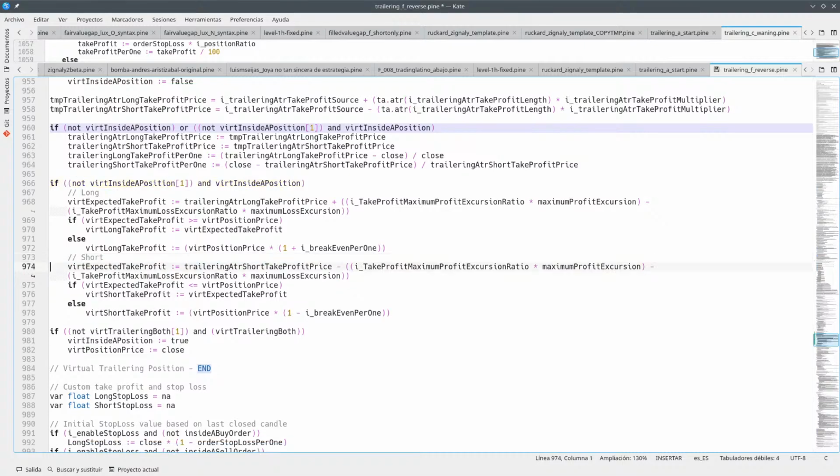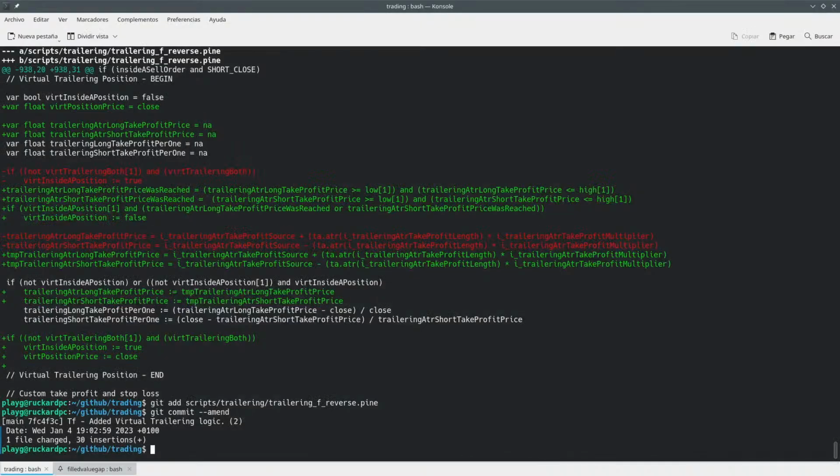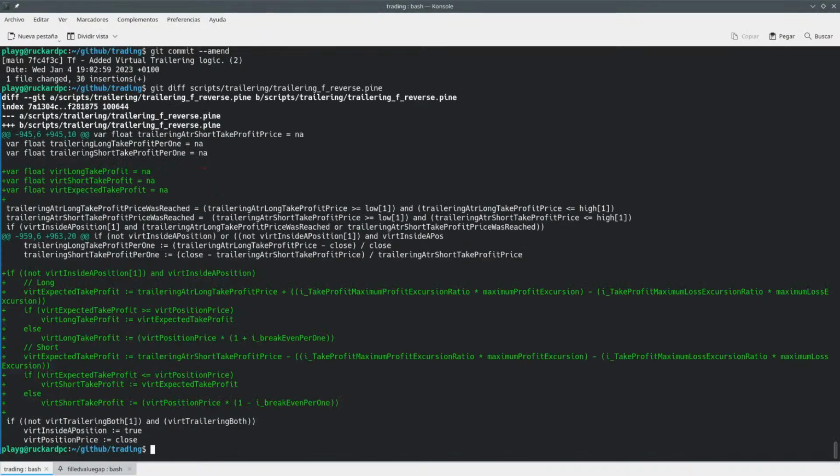Now I can remove this. Okay, so what we get from here is this thing here. Okay, let's save the work so far so that we don't lose everything here.